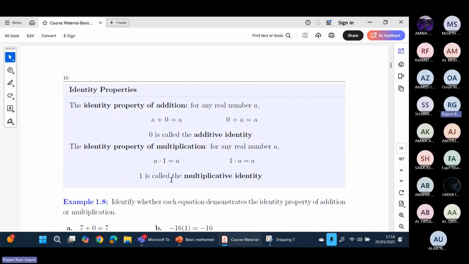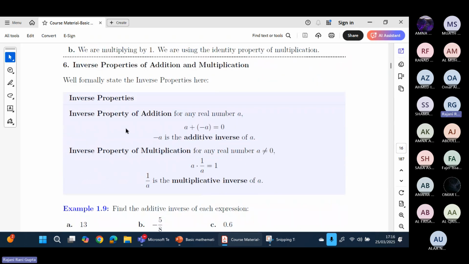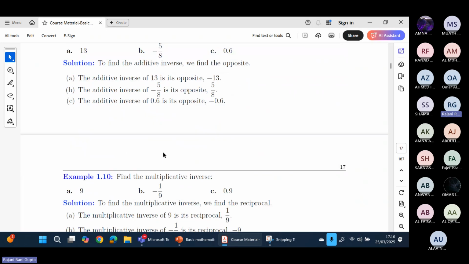Identity. Remember, identity of addition is always 0 and identity for multiplication is always 1. Then we talk about inverse. Inverse for addition, what do you do? You change the sign. Inverse for multiplication, change the position.